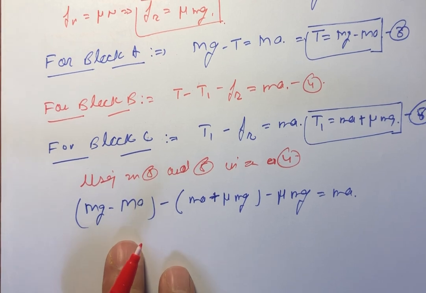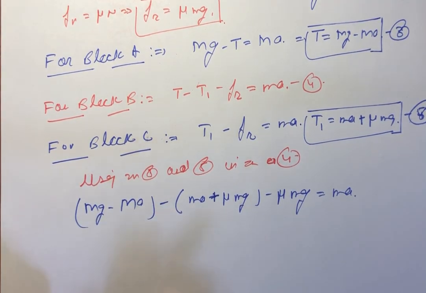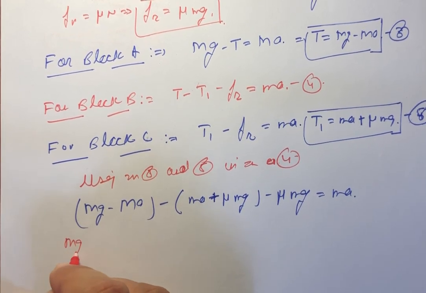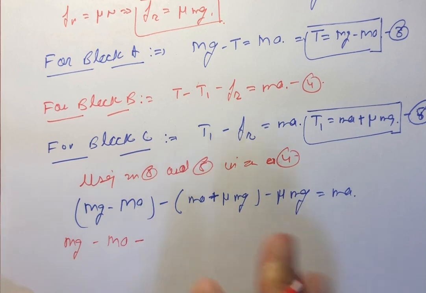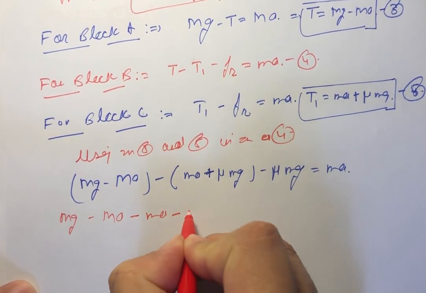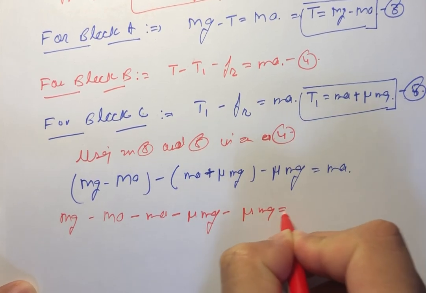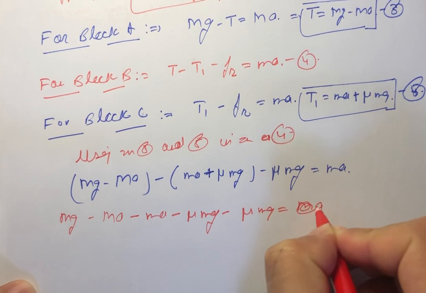So we just open the bracket. We get mg minus ma minus mu mg. We have minus mu mg and it is equal to Ma, so capital Ma.